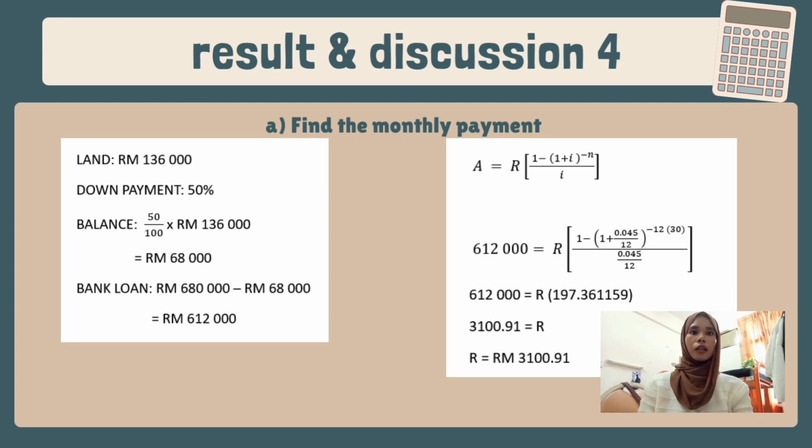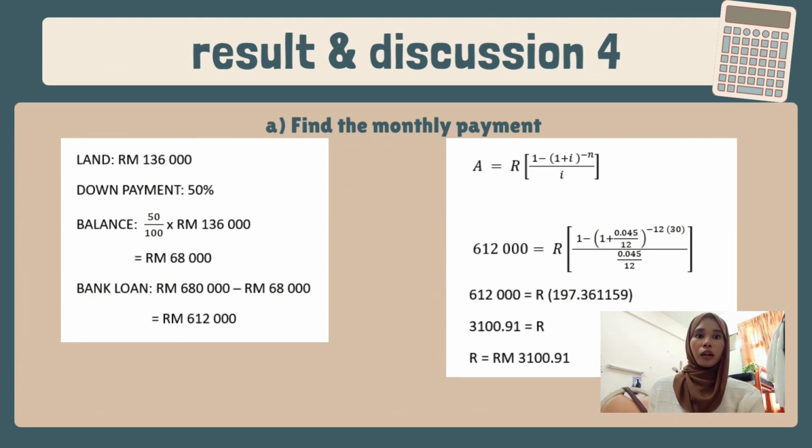To find the monthly payment, we need to use the formula A equals R open square bracket 1 minus open bracket 1 plus small letter i close bracket power of minus n per small letter i close square bracket. A is 612,000 equals R, R we need to find, open square bracket 1 minus open bracket 1 plus 0.045 per 12, where 0.045 is the 4.5% that the bank charges and 12 is because it is compounded monthly, close bracket power of minus 12 open bracket 30 years close bracket per 0.045 per 12 close square bracket.